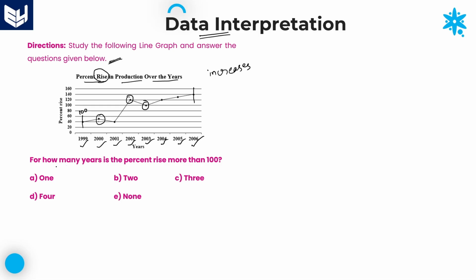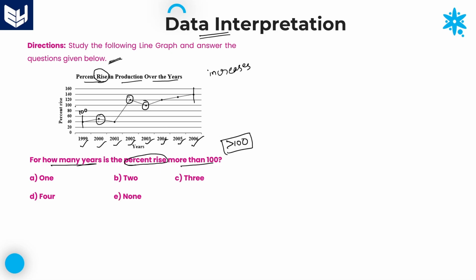The first question related to this line graph DI is: for how many years is the percentage rise more than 100? Here we need to check the values which are greater than 100.